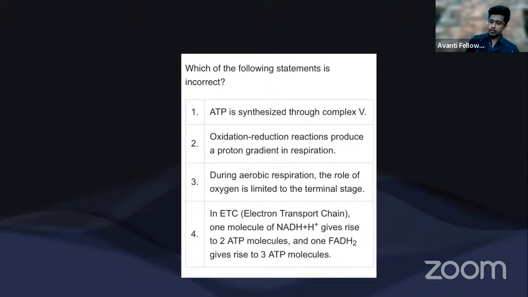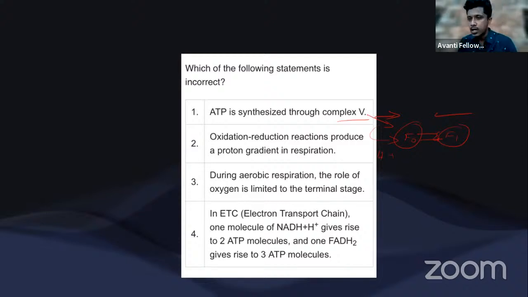Okay. So I will help you out. Don't worry. Let's see the first statement: ATP is synthesized through complex 5. And this is absolutely right. Why complex 5? Complex 5 has F0 and F1 particles. F0 acts as a proton channel pump, so the hydrogen ions move from the perimitochondrial space to the matrix.